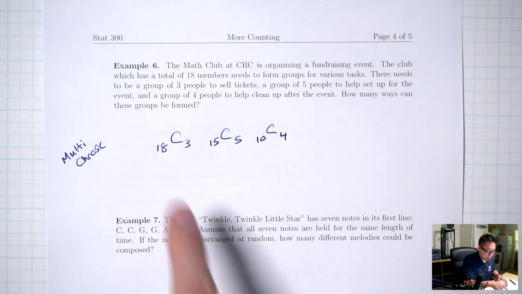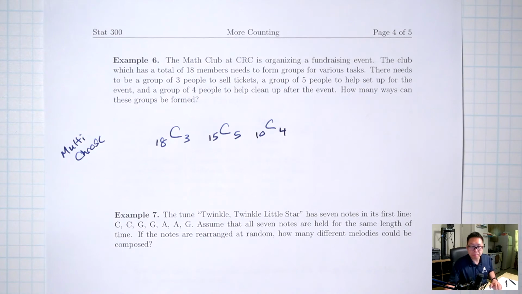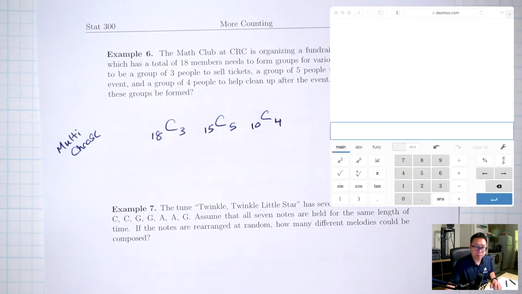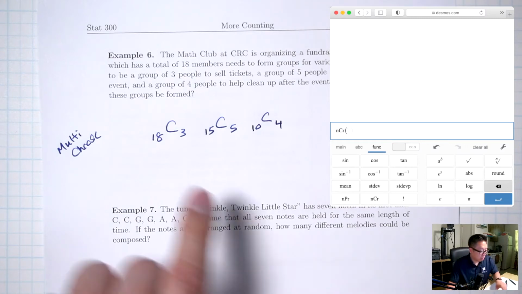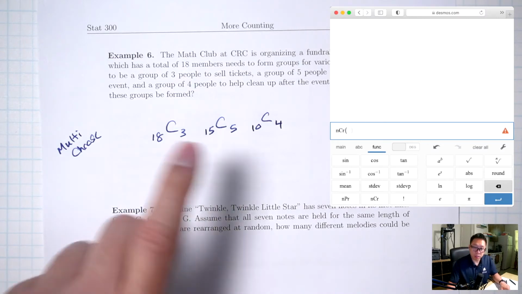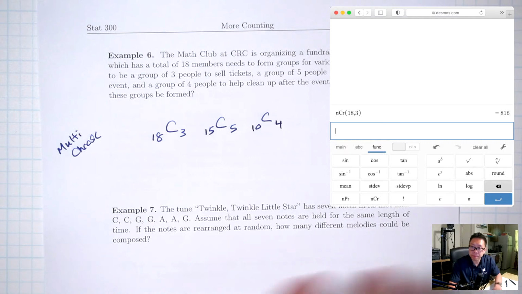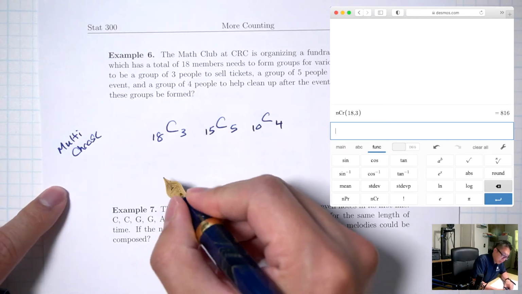Okay, now go to your calculator and do each of these combinations. All right, click on FUNC function, click on nCr, 18 choose 3, that's going to be nCr 18 comma 3: 816.